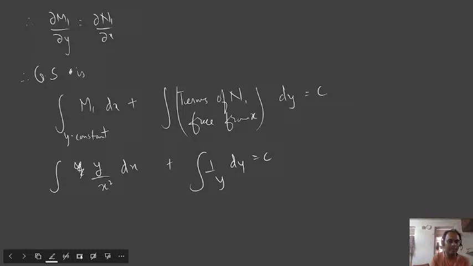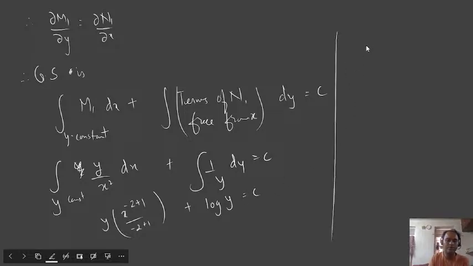So y treated constant, here it is y times x raised to minus 2 plus 1 over minus 2 plus 1. And here it is log y equals c.